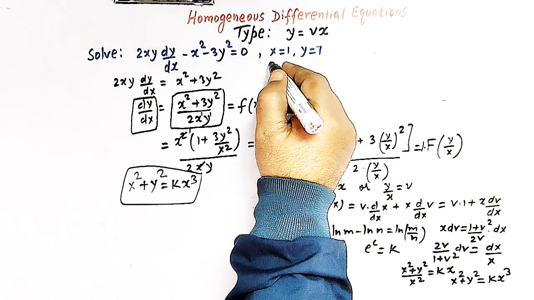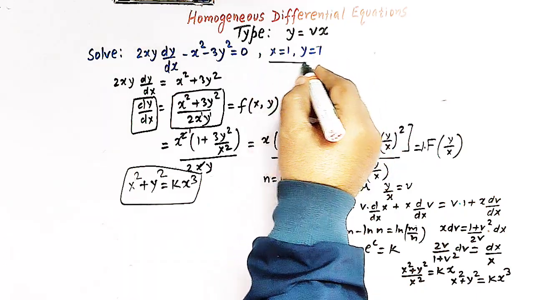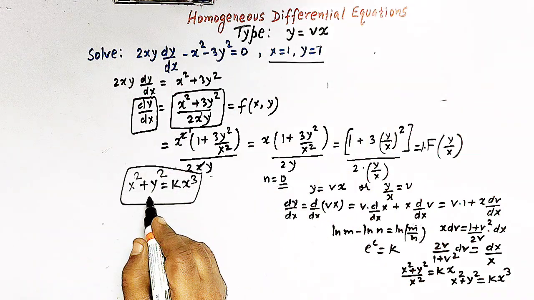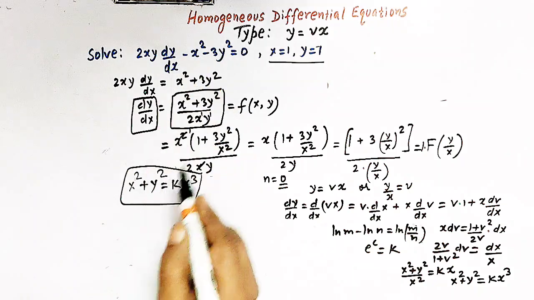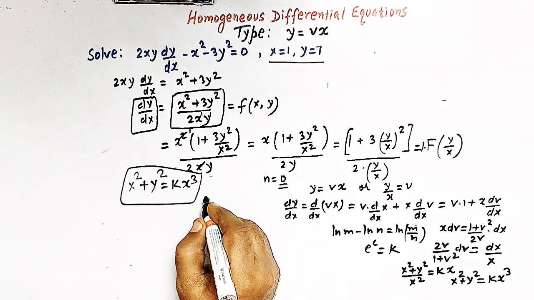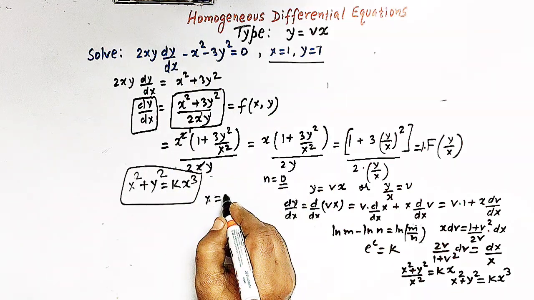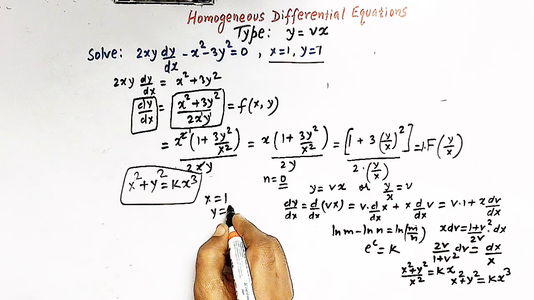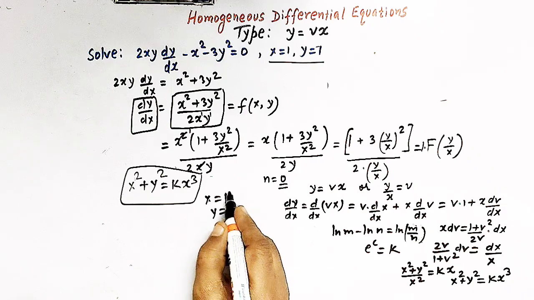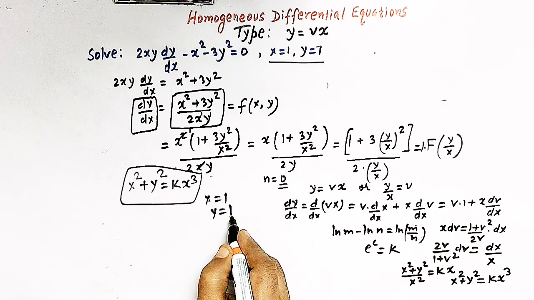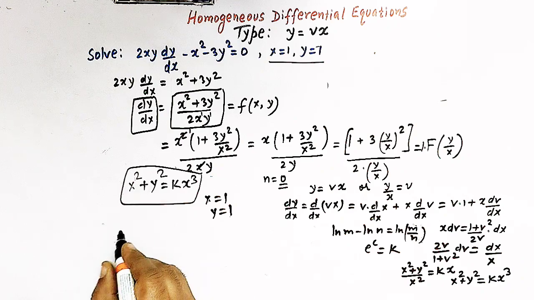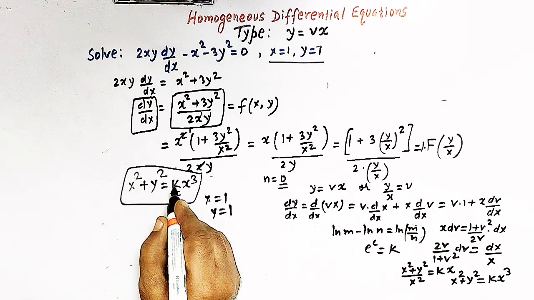So let us now find out the particular solution of this differential equation by utilizing this condition, that is when x is 1, y is equal to 1. So let us substitute x is equal to 1 and y is equal to 1 in this equation to get the value of this arbitrary constant k.